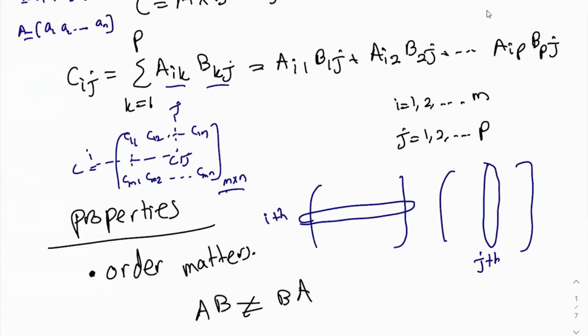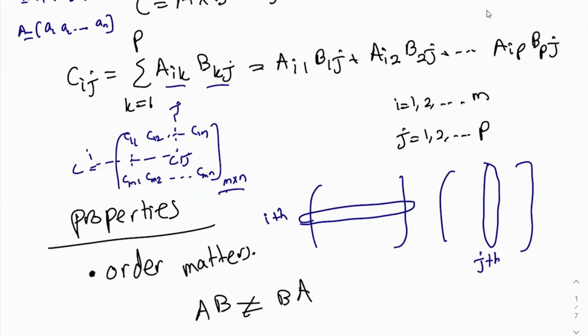It says Cij is equal to sigma k from 1 to p of aik times bkj, where k is changing from 1 to p. Why? Because A has p columns, and B has p rows.